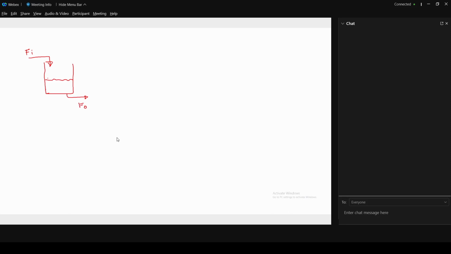Now we wanted to control this. The objective is to control this system. So what would be my control objective here? Looking at the description of the system, can you people guess what is my control objective? What are the things I'm going to control?